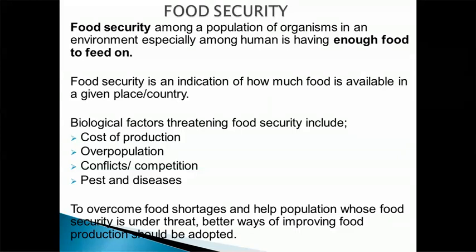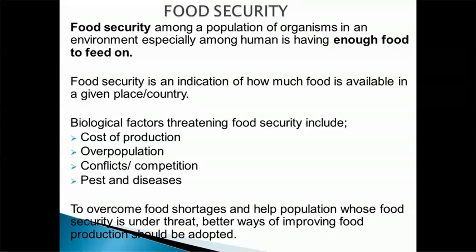The third one here is conflicts, competition, war, riots, and the rest. All these are factors that can threaten food security in a place. And lastly, pests and disease. Those organisms ravage food a lot and so destroy most of them in most cases if they are not controlled.